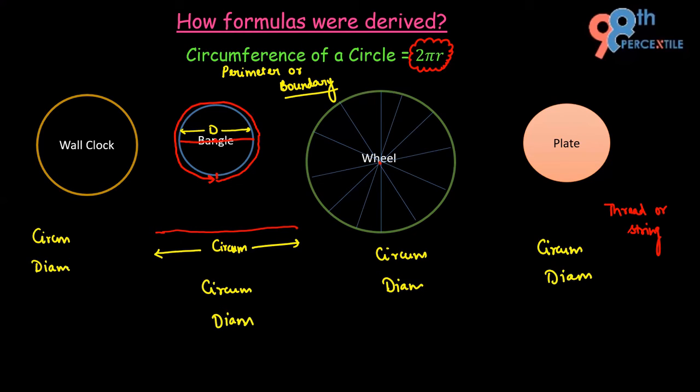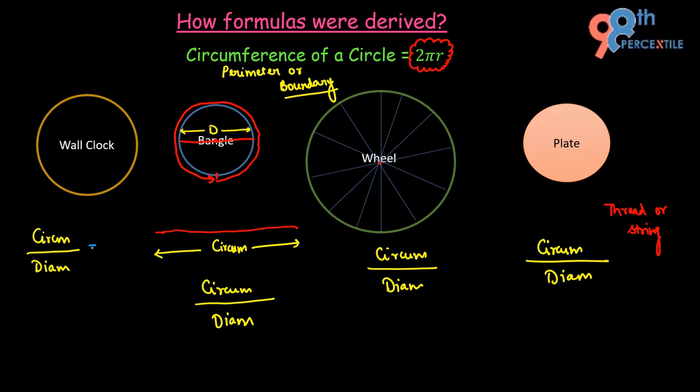For finding circumference, you can take your thread or string and wrap it around the object. Once you're done finding the circumference and diameter, I want you all to divide the circumference by the diameter for all the objects. Pause the video and divide the circumference by diameter for every object, and this will be almost magical.